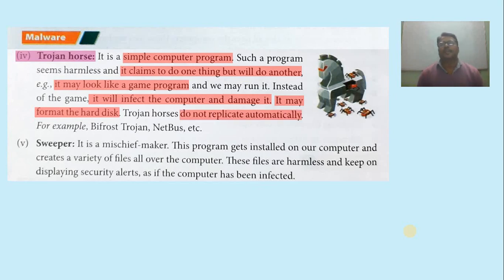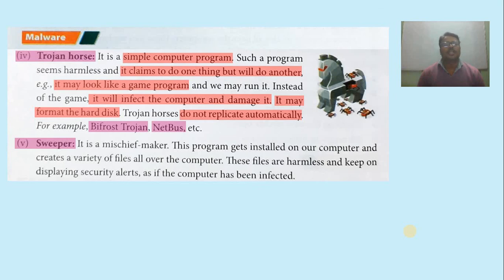It does not replicate automatically, but when you open the game and play, it becomes active. That means when you open a particular infected program, the Trojan horse will be active and very destructive. Bifrost Trojan and NetBus are also Trojan horses.